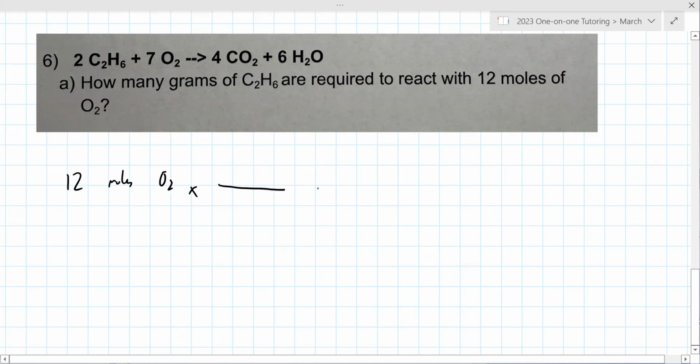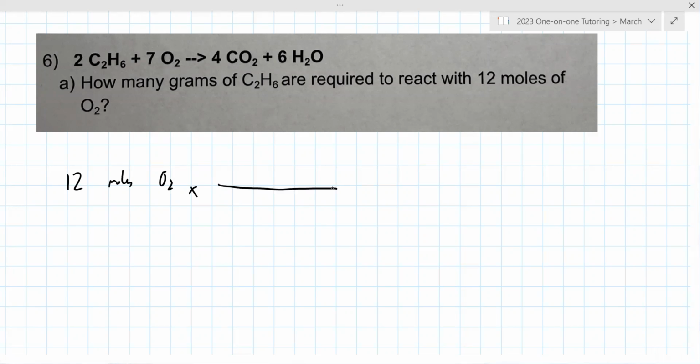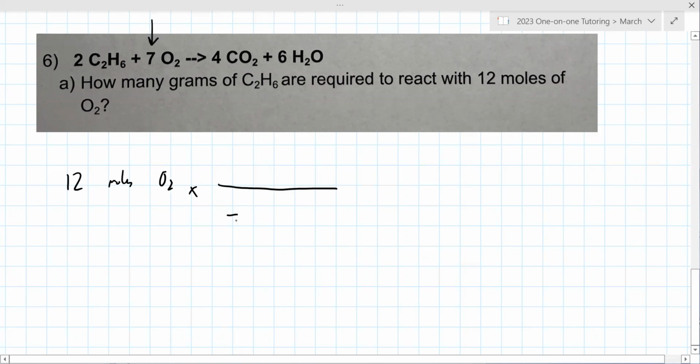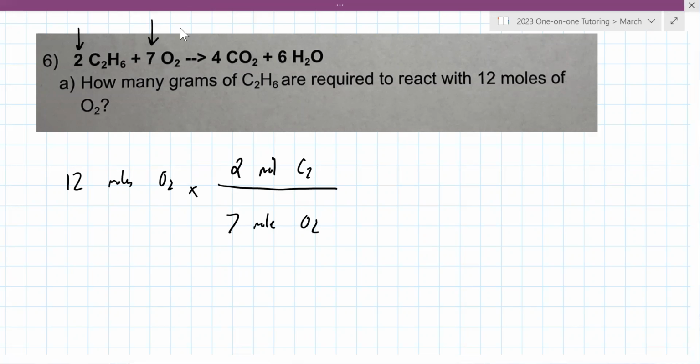Now, because you're already in moles, you don't have to do that molar mass conversion. Oh, so it's like we're starting at the second step. Yes, that's exactly right. So you're going from 7 moles of O2 and you've got to use the coefficient for the C2H6, 2. How did you get the moles, 7 moles of O2? It's given in the problem. It's the coefficient. Oh, okay.